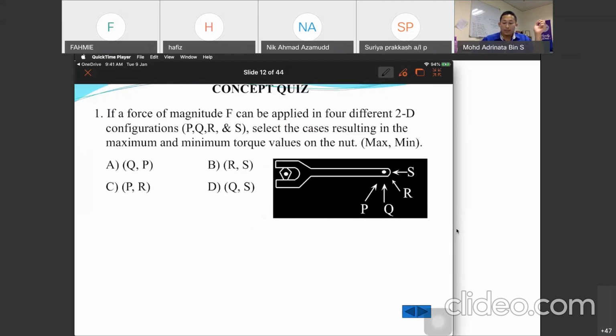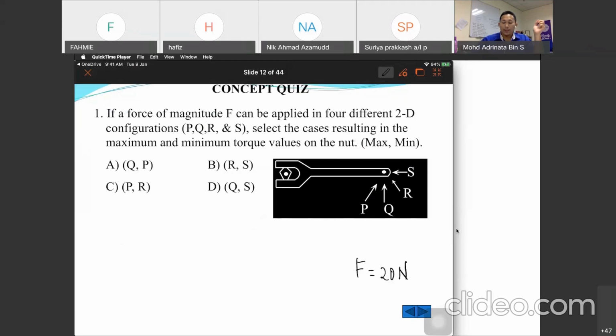If a force of magnitude F can be applied in 4 different 2D configurations PQRS, select the cases resulting in the maximum and minimum torque values on the nut. Let's say F is equal to 20 Newton.